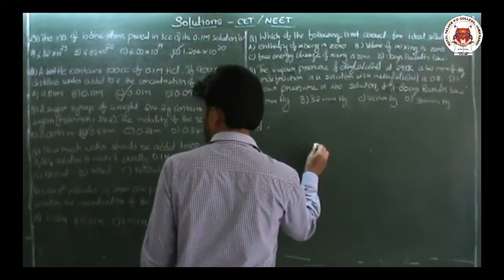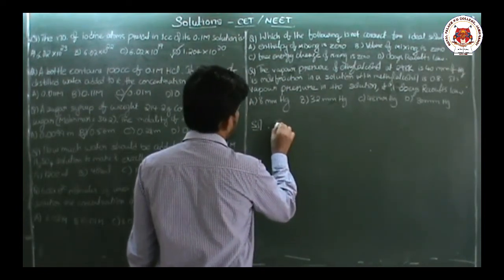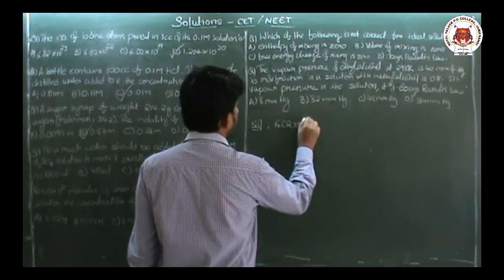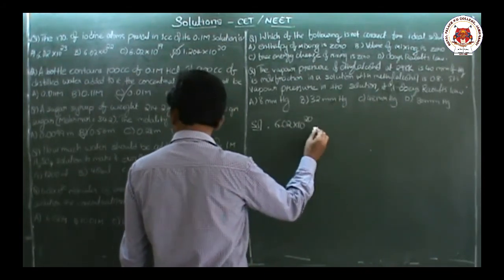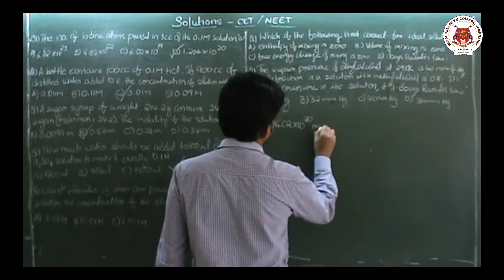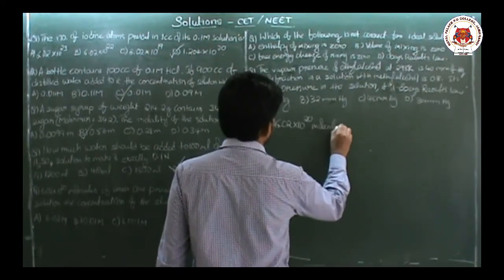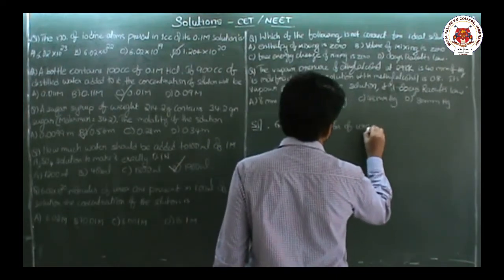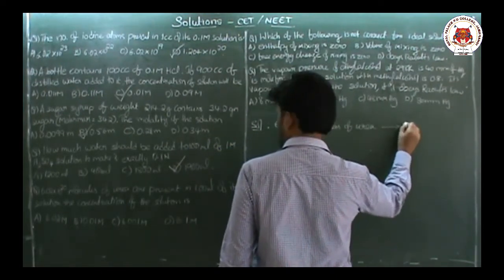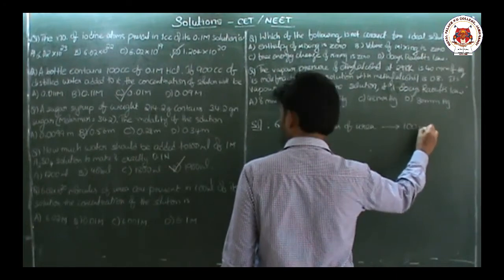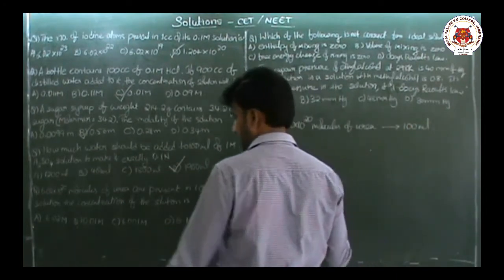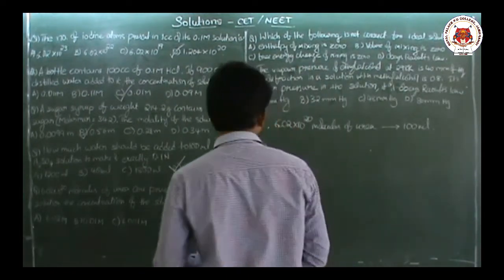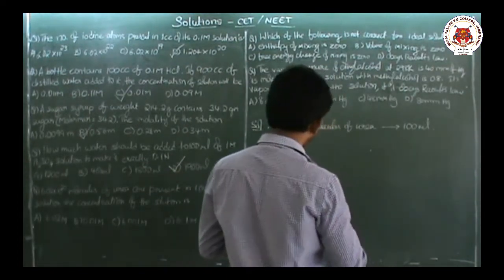They are saying 6.02 into 10 power 20 molecules of urea are present in 100 ml. Then the answer they want in molarity because options are given in molarity. So let's check this one.